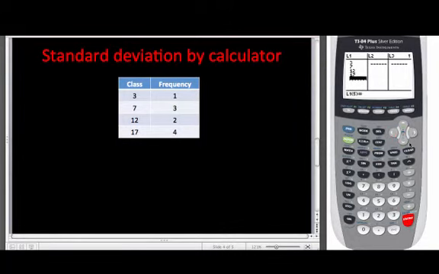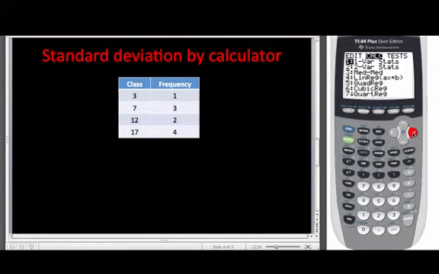Okay, so I'll enter the classes in L1 and the frequencies in L2, and you'll just go to Stat, over to Calc, 1var stats, and you're going to do L1, second L1, comma, second L2. It's going to multiply those two columns together, and we're going to look at this lowercase sigma for our standard deviation.